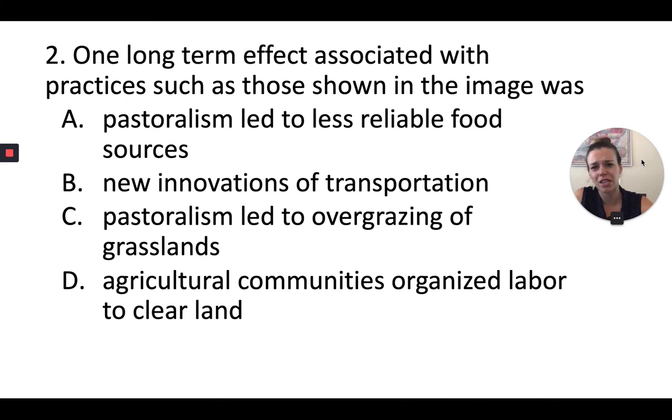They require you to think, all right, what would be a long-term effect associated by these practices? And this is not something I explicitly went over, so it requires you to really think and process and understand the information. If you're scrambling here, again, use this as a self-assessment tool.